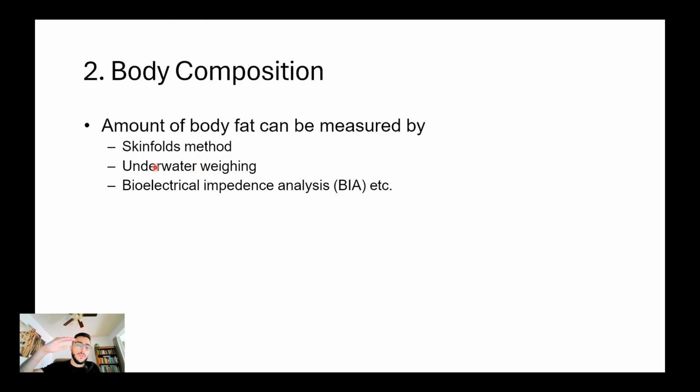You weigh yourself on land, you go in the water, you sit on a chair that is on top of a big balance in the water, you weigh yourself again, and that gives you a difference for the 2 weights, and the difference is linked to the buoyancy of your fat. So it floats in the water, and so it decreases the weight, right?